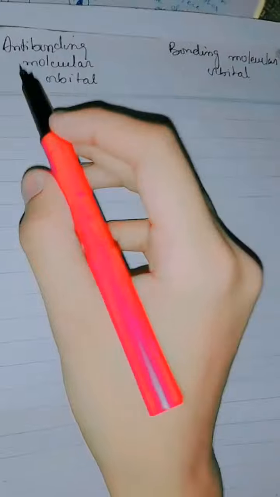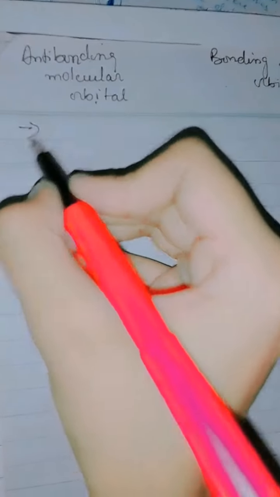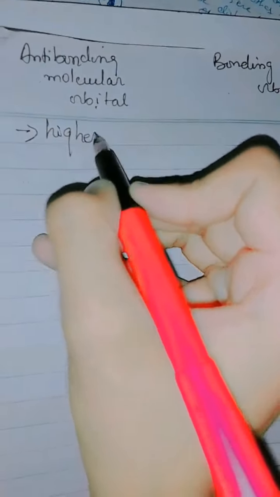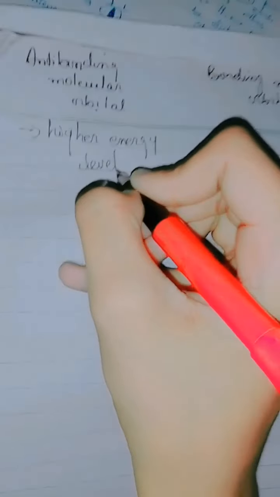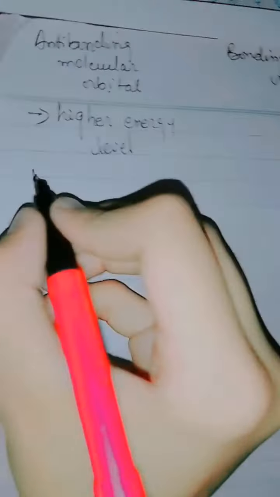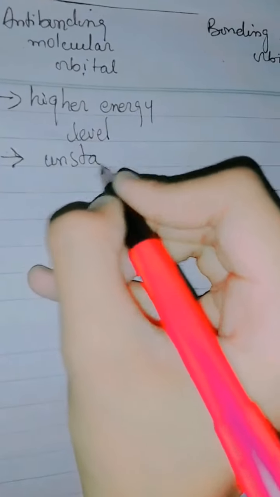Talking about the properties of anti-bonding molecular orbital and bonding molecular orbital. Anti-bonding molecular orbital has a higher energy level, and we know that an orbital having a higher energy level will be unstable.